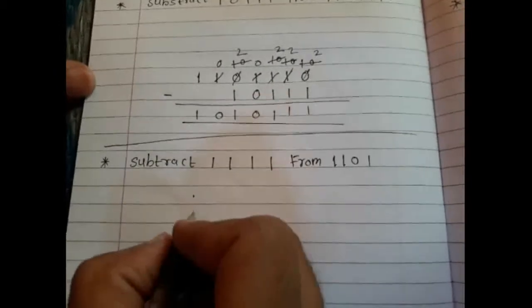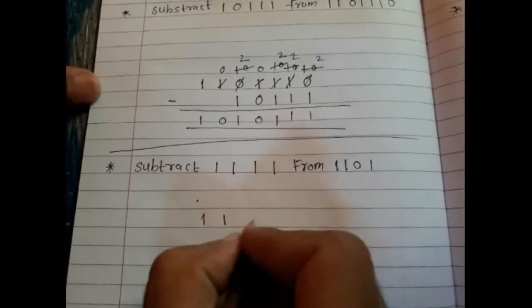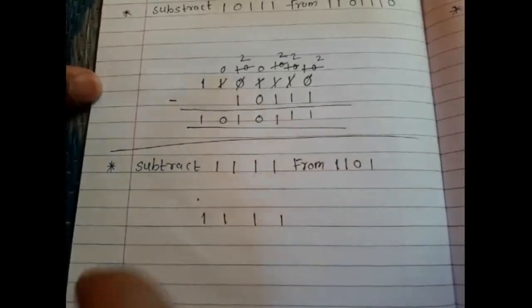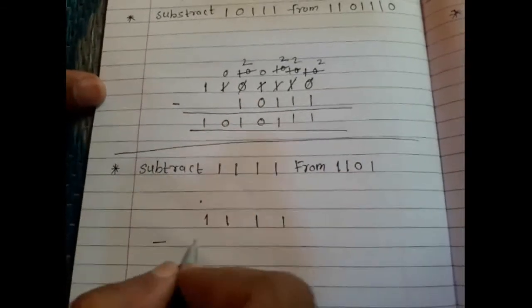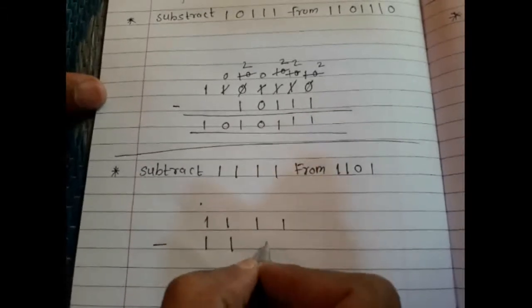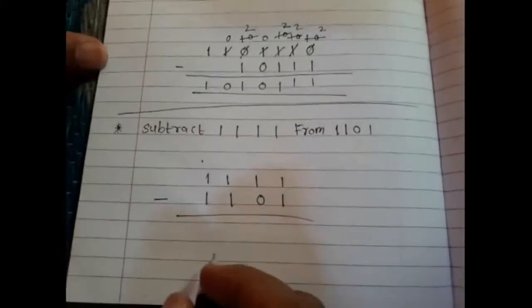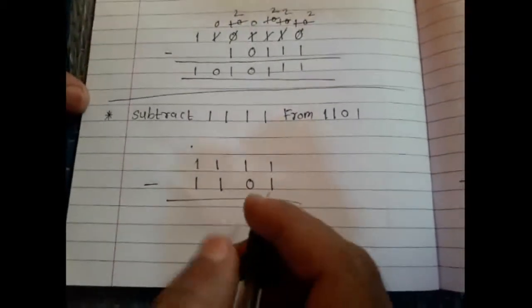Now see here, 1 1 1 1 minus 1 1 0 1. Now see students how to subtract this.